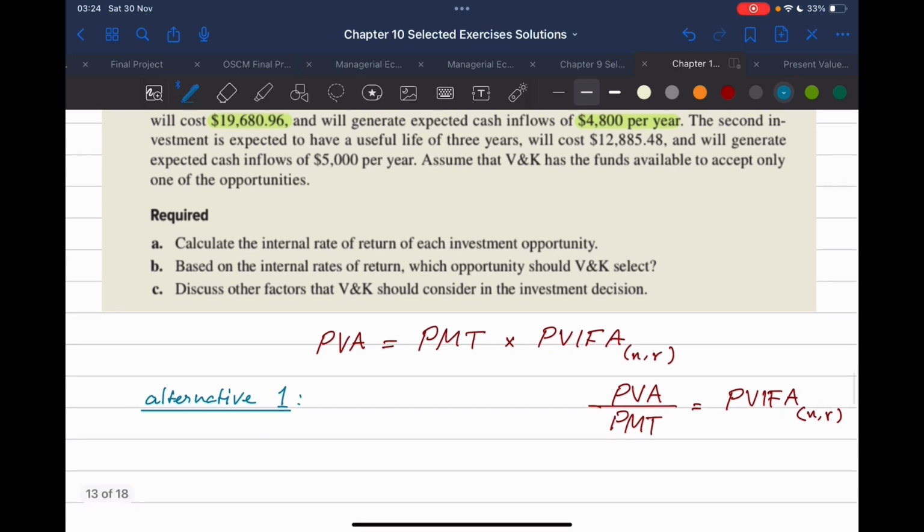So for the first alternative, that's going to be $19,680.96 divided by $4,800.